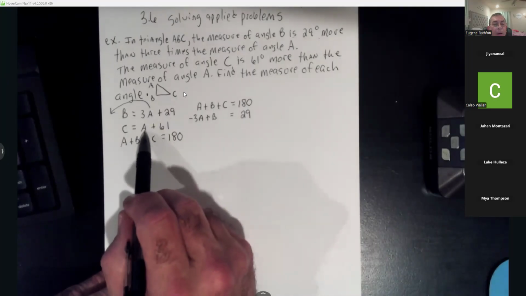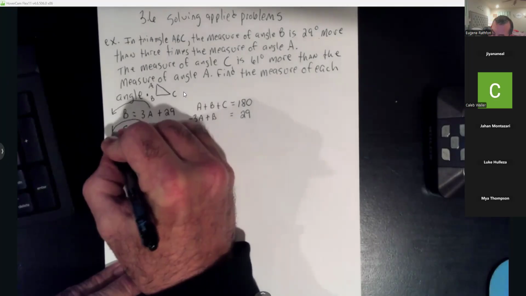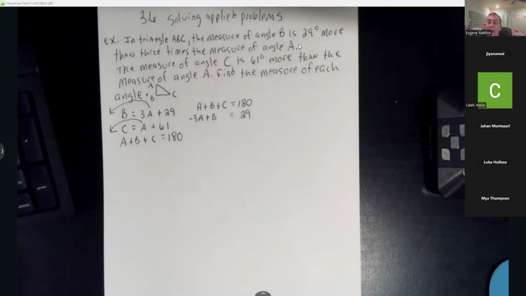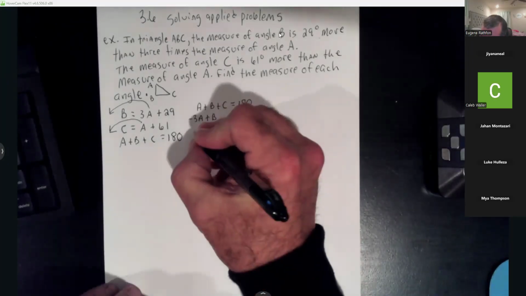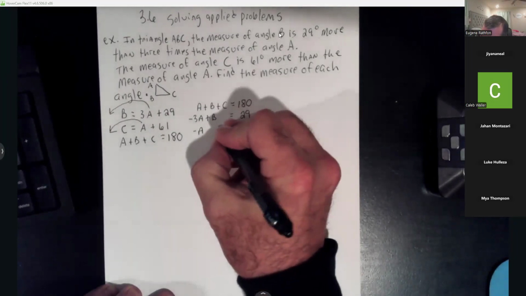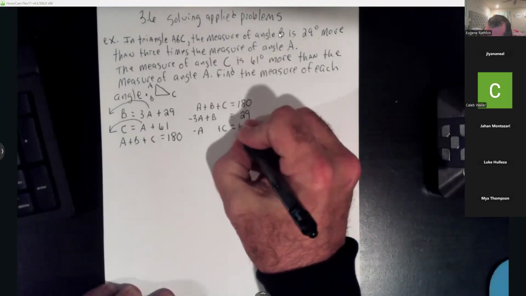Now, y'all, the same thing here. I'm going to move this A to the other side. If it's positive on that side, it's going to be negative on the left side. So that's going to give me a negative A plus my C is going to equal 61.